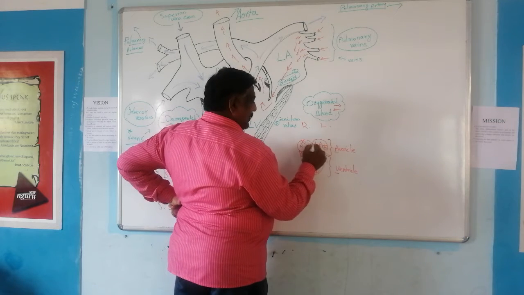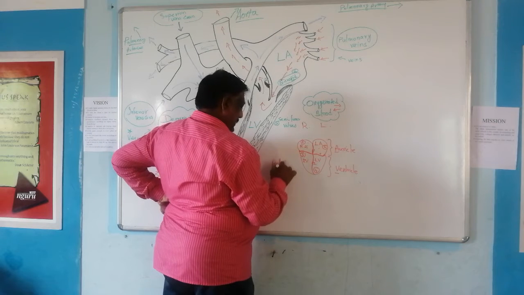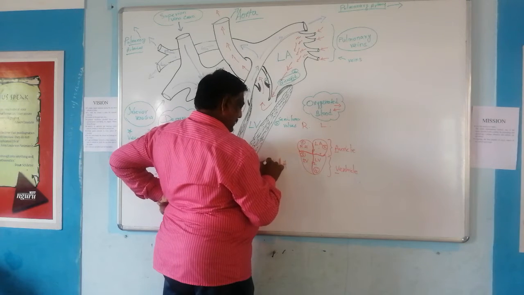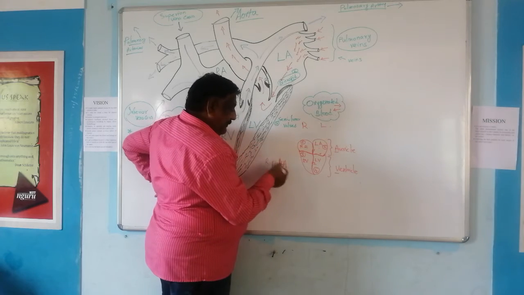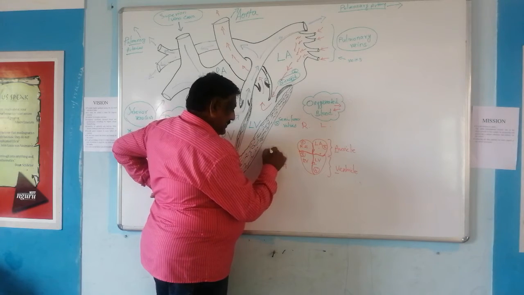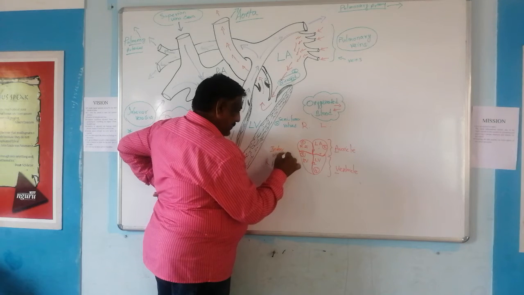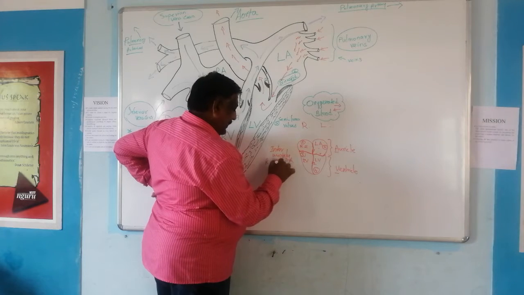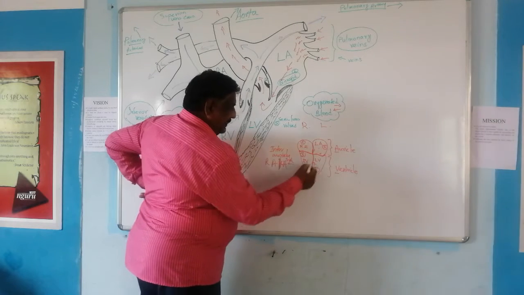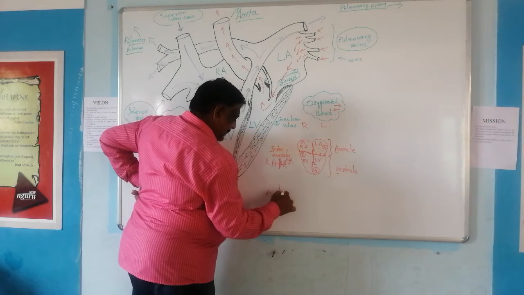In between the right auricle and left auricle, there is a septum. It is in between the auricles, so it is the interauricular septum. Septum means wall, a membrane. In the same way, can you name this one between the right ventricle and left ventricle?